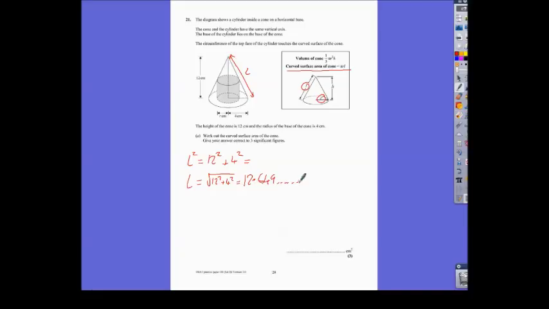So to work out the curved surface area, we do pi times r, which is 4, times L, which you've just worked out and you should have left in your calculator, or you can use your answer button, and that should give us 158.95 carrying on. But it asks for 3 significant figures again, so the first 3 digits are the 1, the 5 and the 8, the 9 means it's going to round up to 159 centimetres squared.